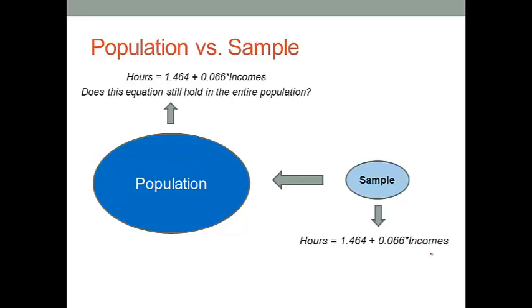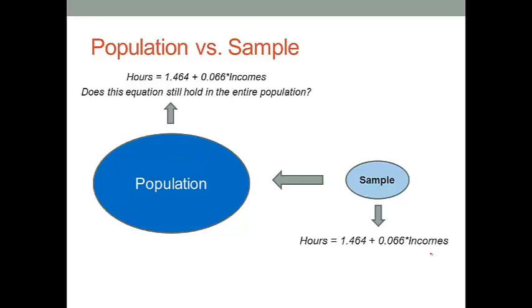But there is a question we didn't answer. Are we interested in the population or the sample? Population, right? We are interested in the population, because it's too costly for us to study the population. That's why we draw a sample.